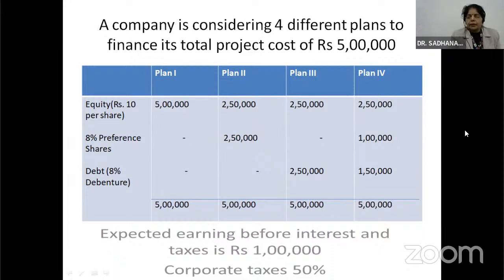It means we have four plans, and the capital structure, the funds raised in all the four plans, are different. Which plan is more beneficial to the company? It is shown through the example. The expected earning before interest and taxes is rupees 1 lakh, and corporate tax is 50%.